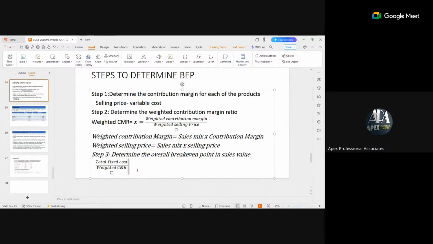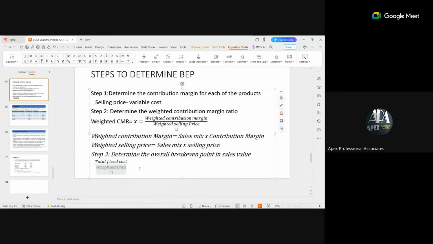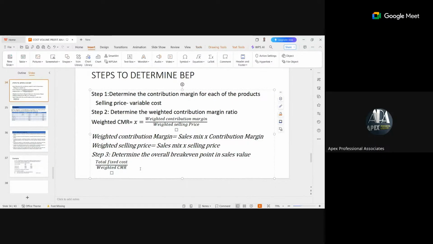And the step 4, having determined the break-even point in sales, you can decide to determine the break-even point for each product. This is the overall break-even point at step 3. So at step 4, based on the ratios, you can now factor in the ratio on the overall break-even to know the portion of product A, to know the portion of product B. Let's show that.